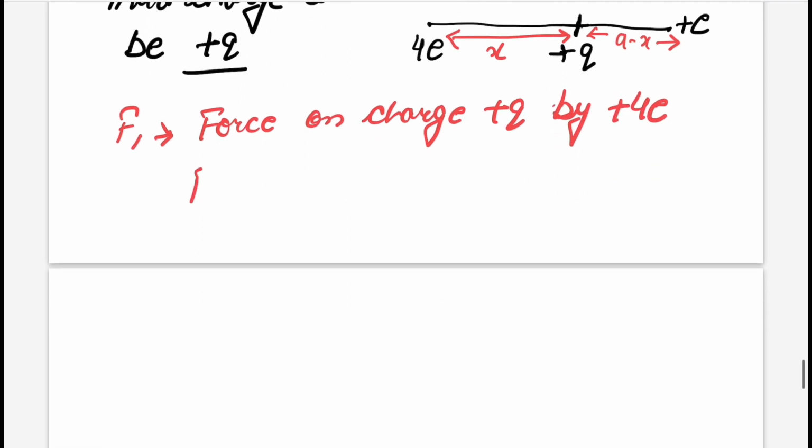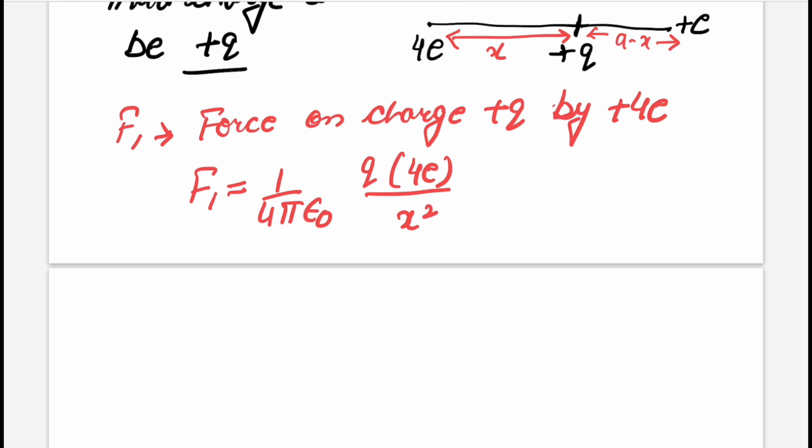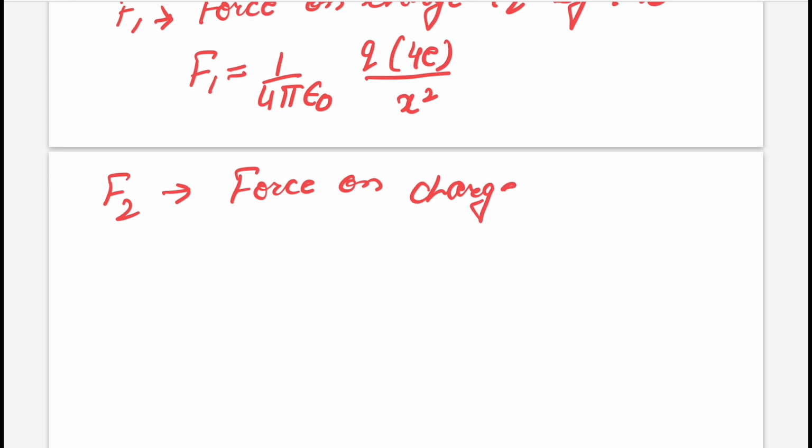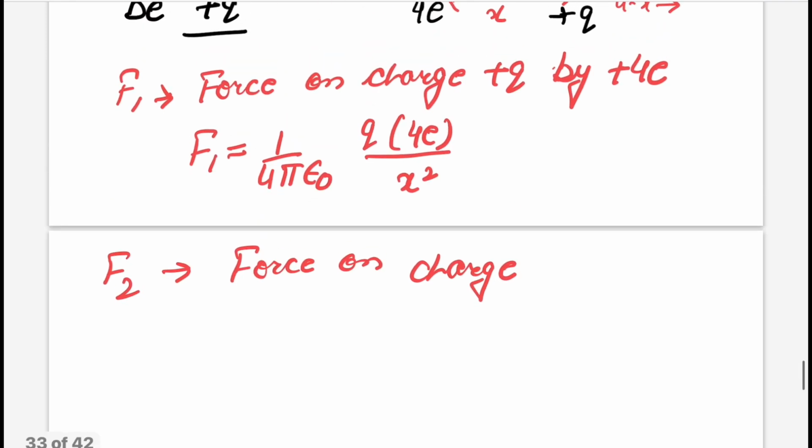So F1 will be 1 upon 4 pi epsilon naught, q into 4e divided by x squared, right? Then F2 is the force on charge plus q by e, right?